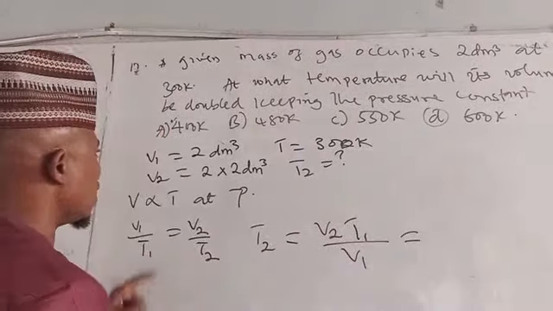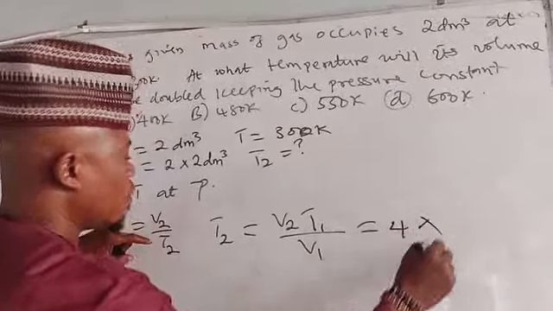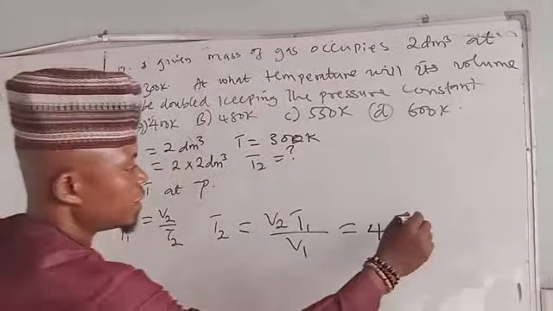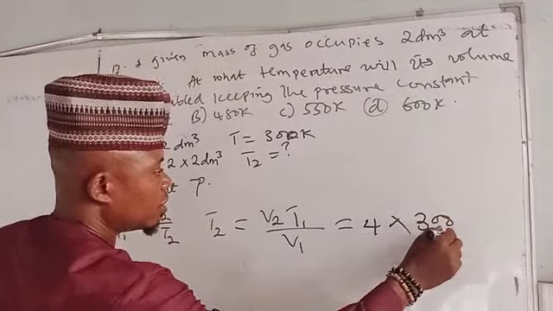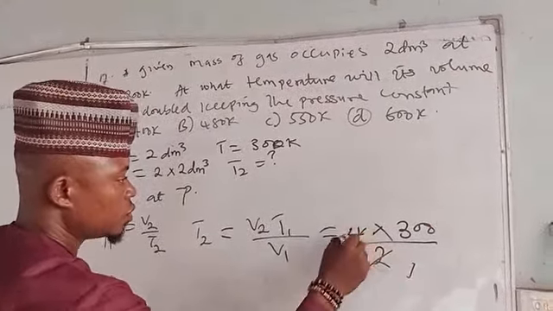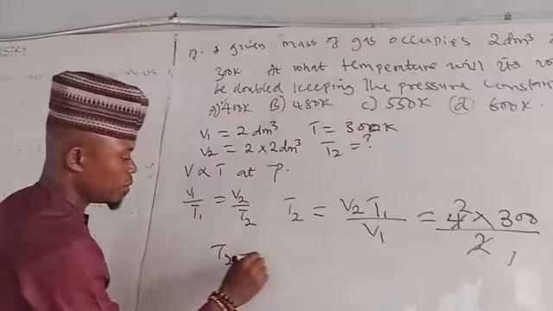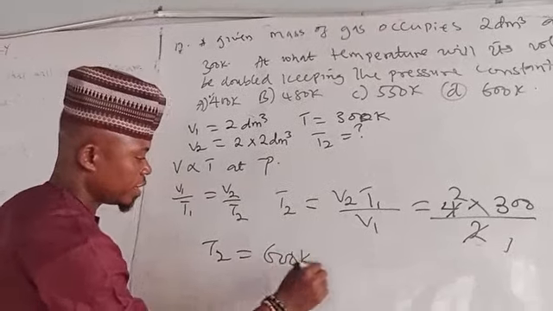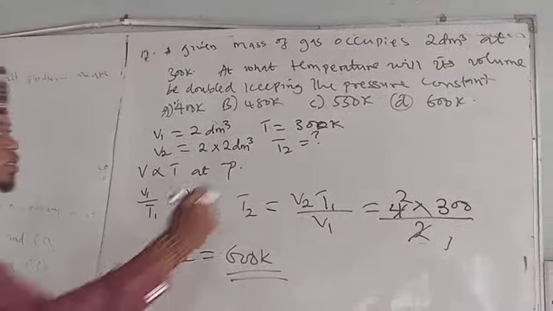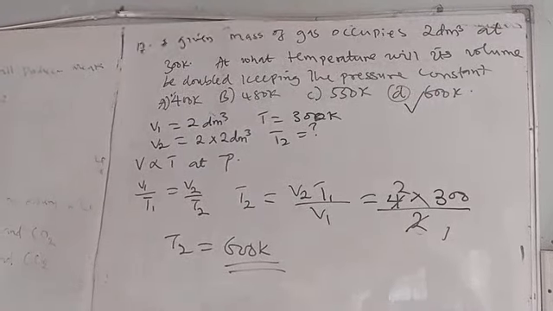V2 is 2 times 2, that is 4 dm³, multiplied by T1, 300, divided by V1, which is 2. The 2 cancels, leaving 2 times 300. T2 will be equal to 600 Kelvin, and that will be the correct answer. So our correct option is option D, 600 Kelvin.